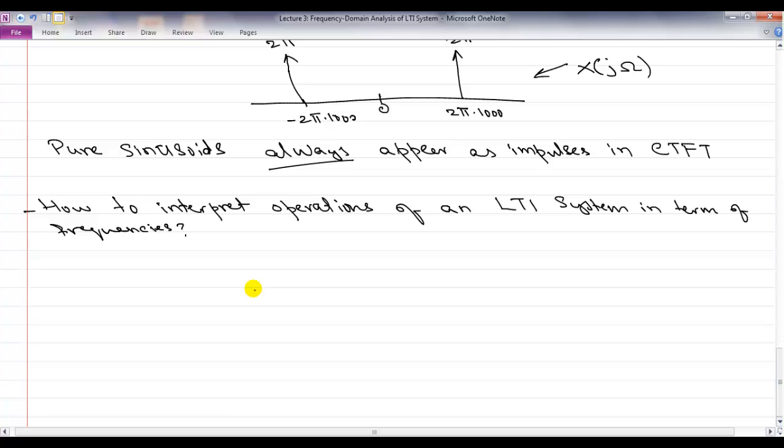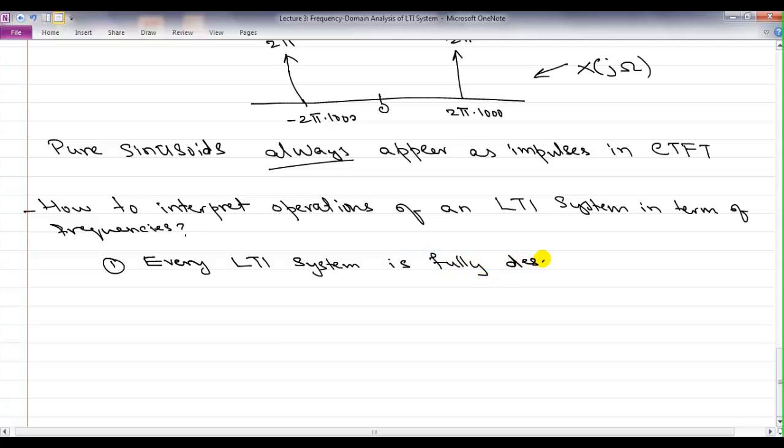Now we are trying to understand what systems do in terms of frequencies. So for that, what we need to remind ourselves is that every LTI system is fully described by an impulse response, h of t.